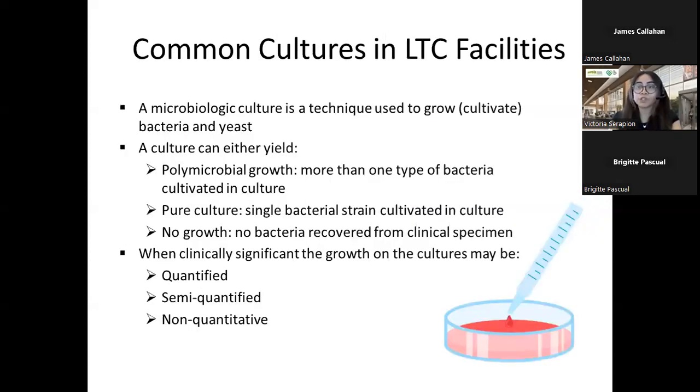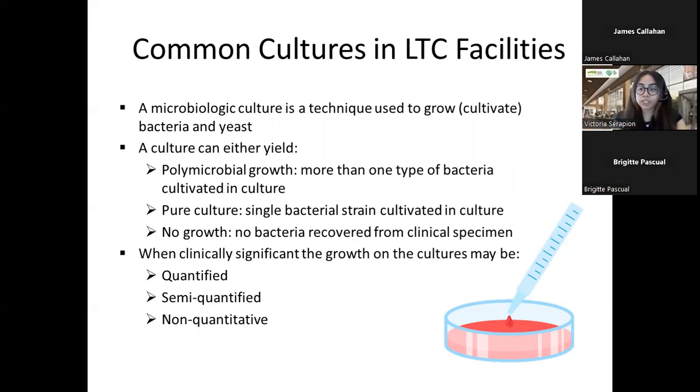Culture reports come from a technique that is used to grow or cultivate bacteria and yeast. From a culture, you can yield polymicrobial growth, which is more than one type of bacteria. Pure culture is a single bacterial strain cultivated in your culture, and no growth could just mean that no bacteria were recovered from the clinical specimen. You may also see the terms quantified, semi-quantified, and non-quantitative on these labs.